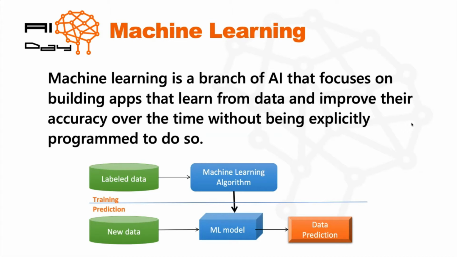Okay, so machine learning, as you know, belongs to the artificial intelligence area. The idea of machine learning is to focus on building applications that are not explicitly instructed to detect if there is a dog or there is a cat in a picture, or if this text has a positive sentiment or negative.